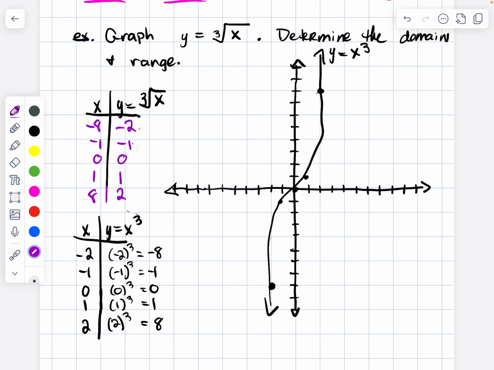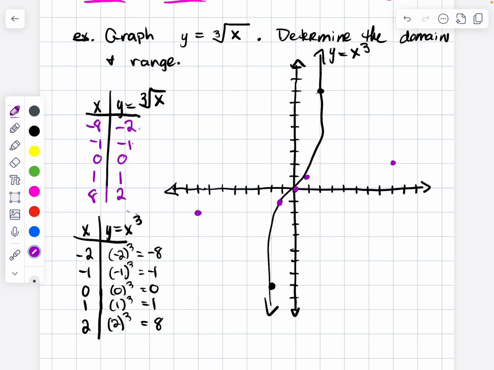And so we're going to come here: 1, 2, 3, 4, 5, 6, 7, 8, and go up 2. And then 1, 1. 0, 0. -1, -1. And then -8, -2.